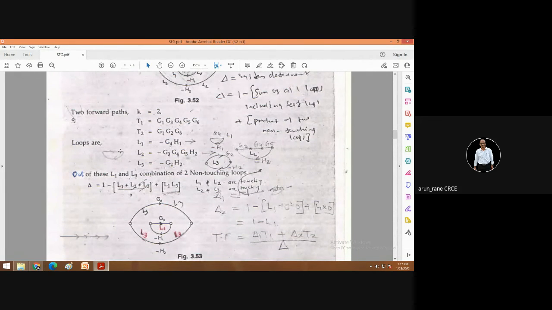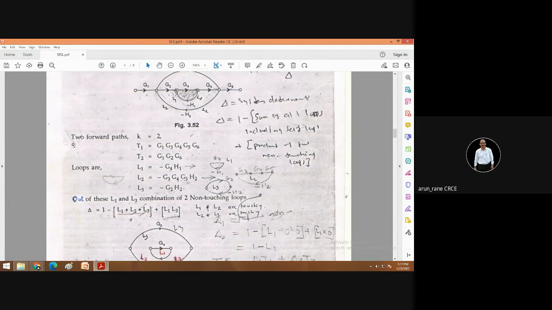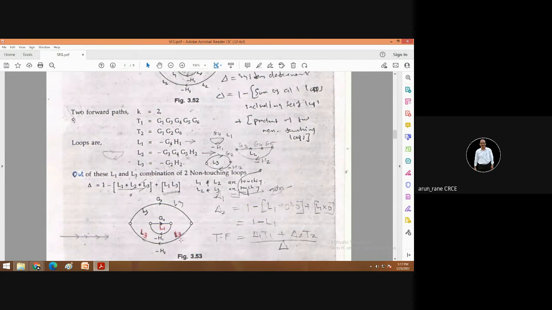So how many feedback loops are there? L1, L2 and L3. So you have to sum. So add L1, L2, L3 plus now the product, that is L1 into L3. See, this L1 and this L3 are the non-touching loops. So you got delta here.